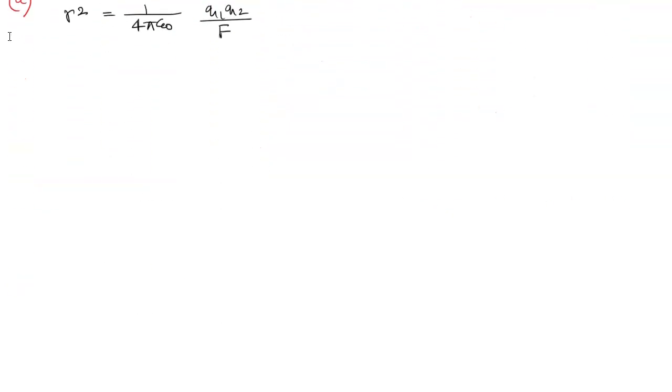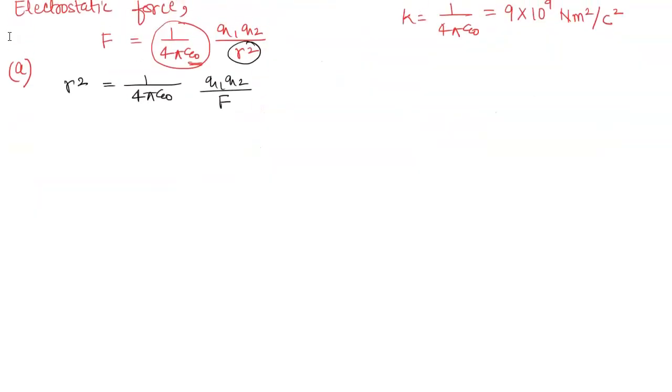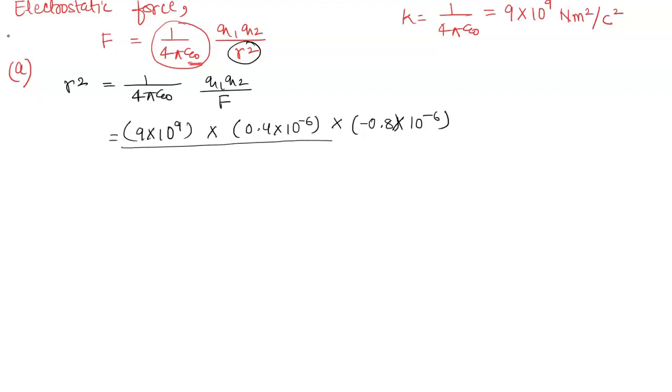Now substituting the values: 1 upon 4 pi epsilon naught is 9 into 10 to the power 9, Q1 is 0.4 into 10 to the power minus 6, Q2 is minus 0.8 into 10 to the power minus 6, divided by F, which is 0.2. To solve this, we separate numerical terms and power terms.